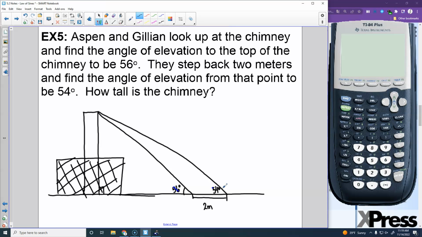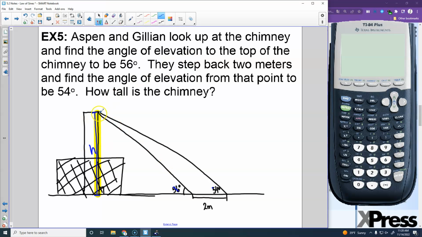And so we want to know how tall the chimney is. So the side that we're looking for, I'm going to call that right there H. That's the height of my chimney. Here is the problem.